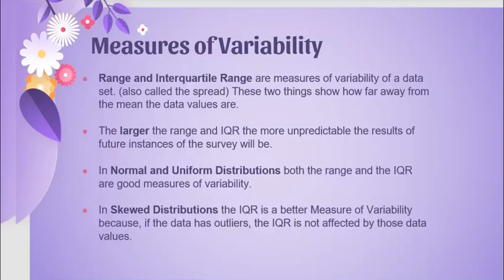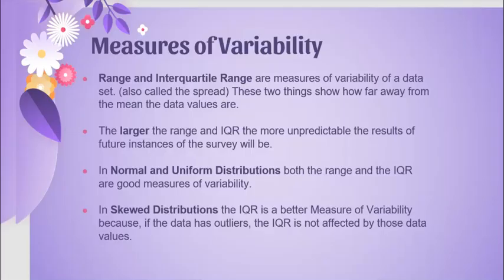Variability means that if you give the same amount of people the same kinds of questions, or you have the same scenario, your results should be close to what you have collected data on from before. So the range and the interquartile range are measures of variability because they show the spread of the data.